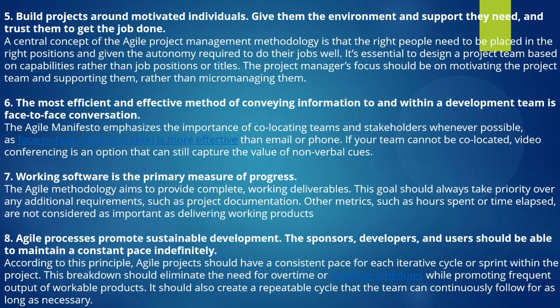Someone is not working, then why should I work? That feeling will come to the person who is working as well. So to avoid such situations, build the project around motivated individuals, so they keep the environment very positive, and everyone will get motivated looking at how well others are working.